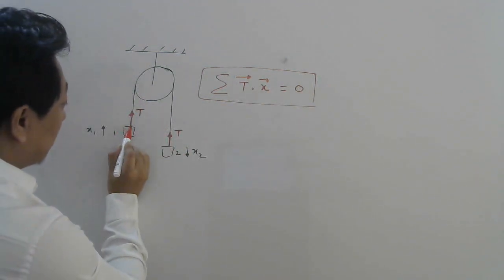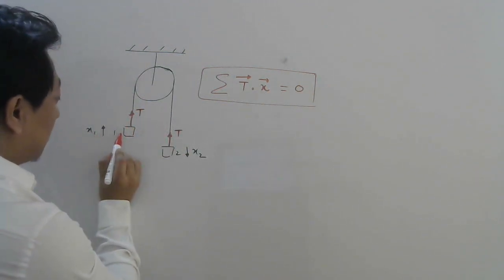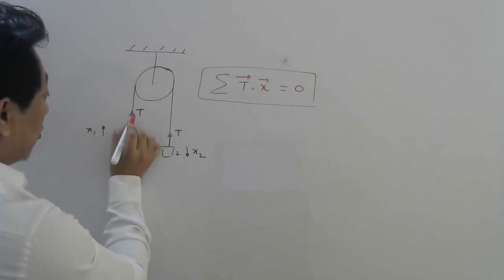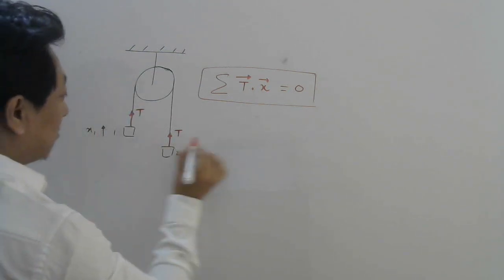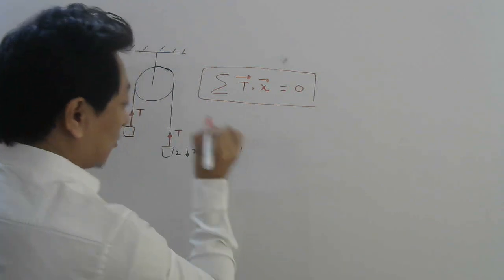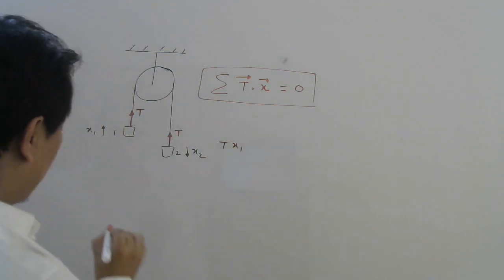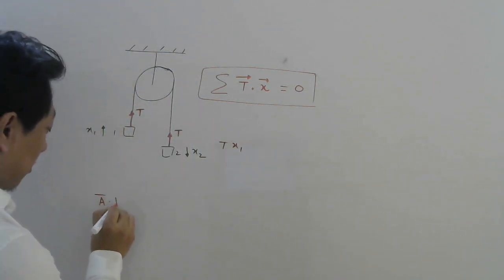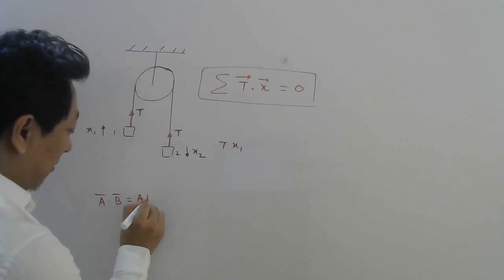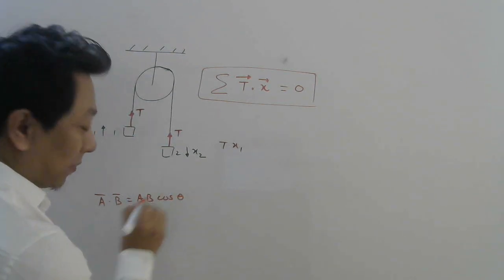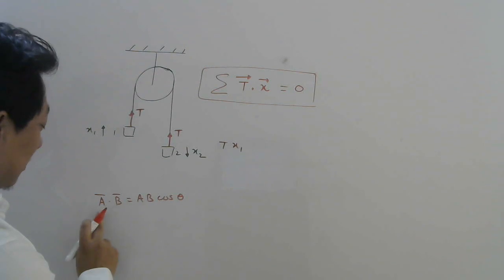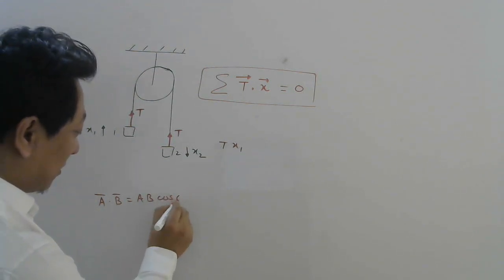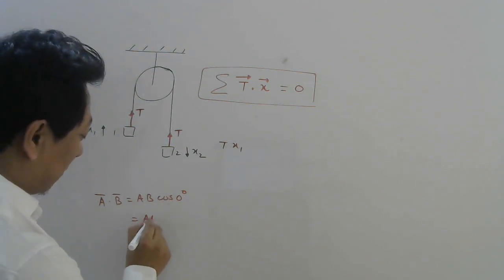So you can see tension here is up, displacement of this is also up. So what will be the dot product of tension and displacement? T into x1, right? Because in a dot product, if you remember, a bar dot b bar is equal to ab cos theta. So if the two vectors are in the same direction, theta will be 0 and cos 0 is 1.